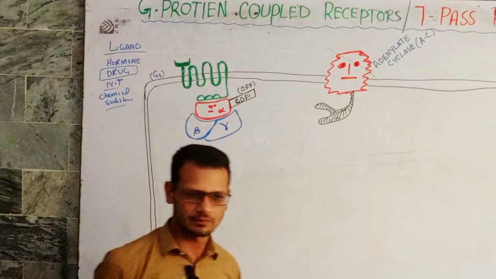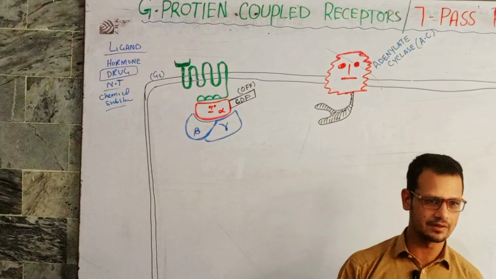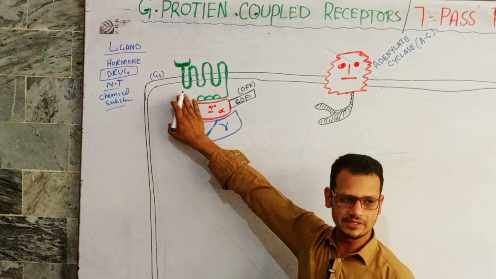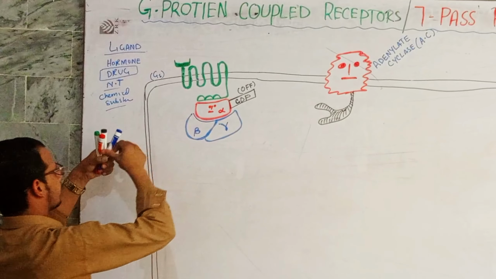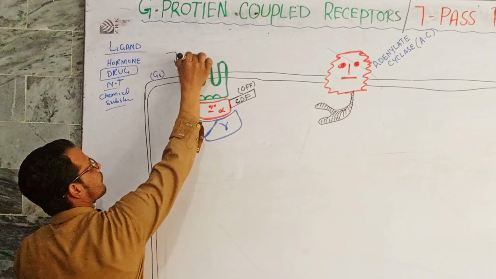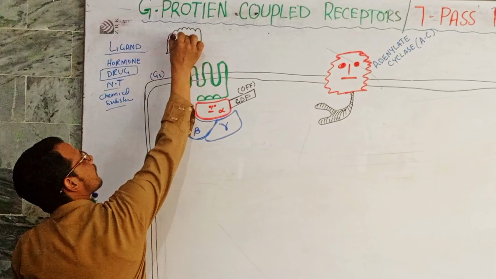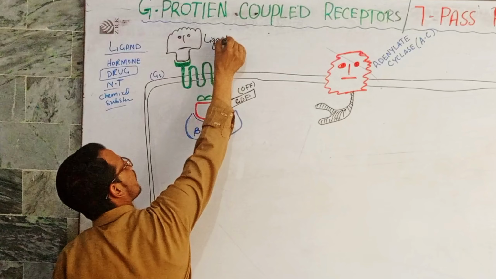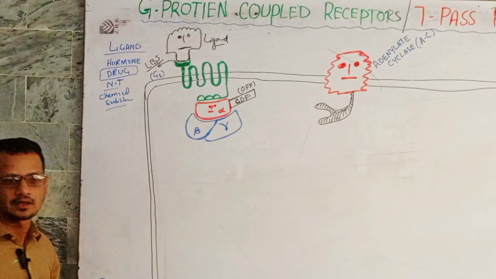For example, morphine. Morphine is a very strong opioid analgesic, right, and acts on kappa and delta receptors. Kappa and delta receptors are also seven-pass receptors, G protein coupled receptors. So, one of the ligands comes and attaches here to the ligand binding site.